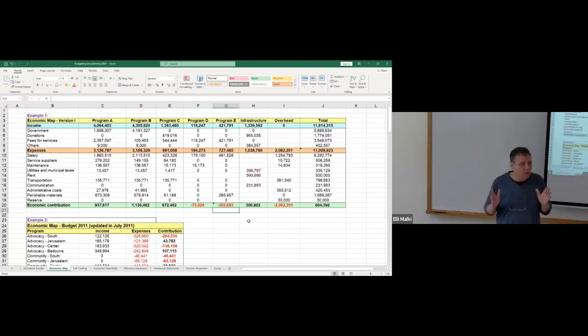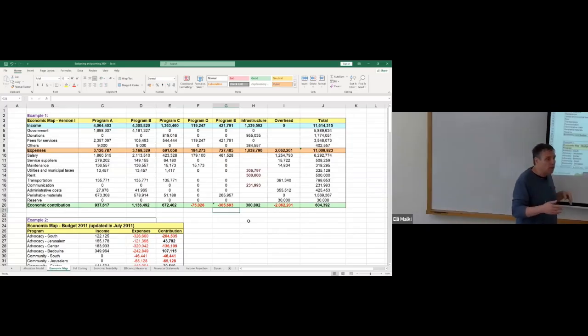So in terms of prioritization, when you have programs with positive economic contribution, even if they are less important on your social scale, you still want to keep them because they subsidize.